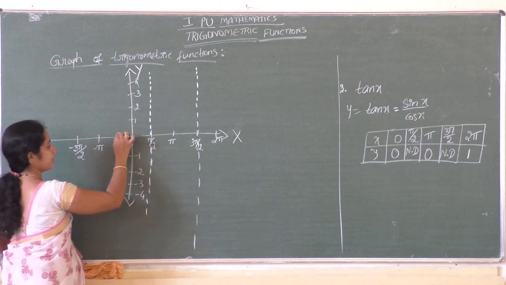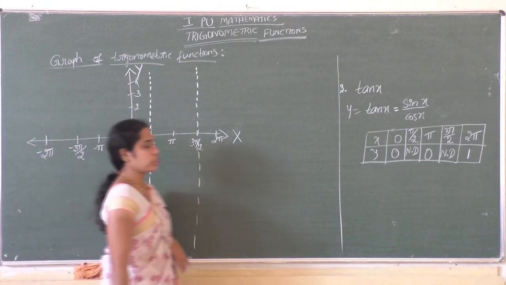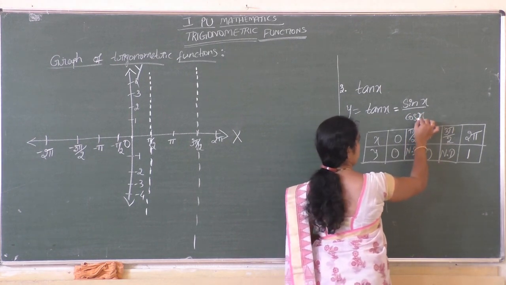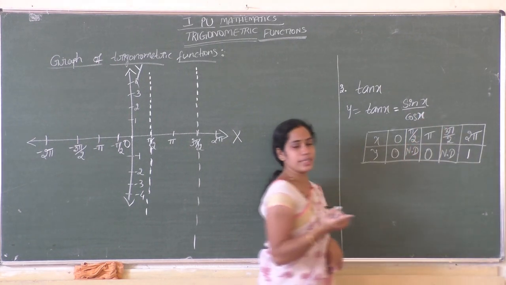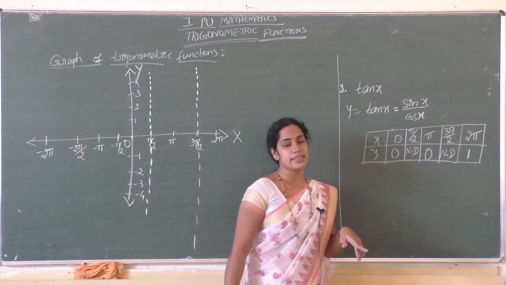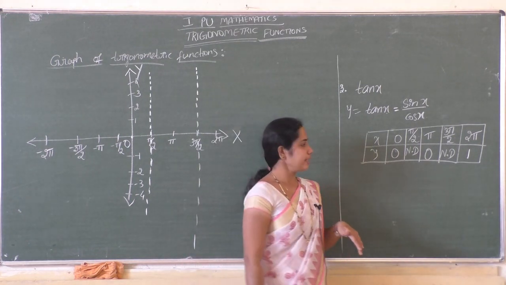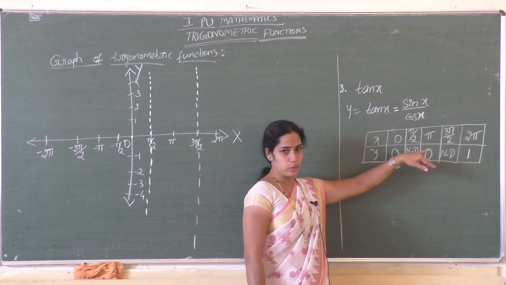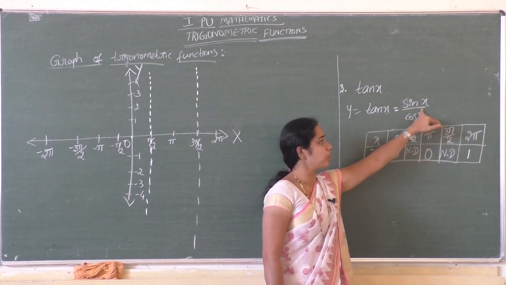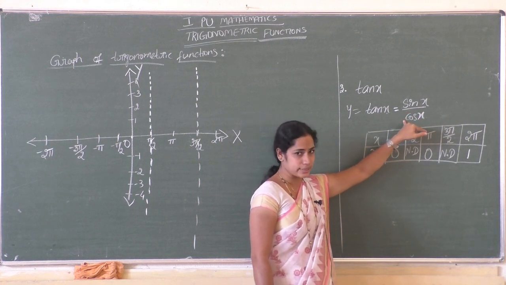Similarly, minus pi by 2 also, because we have cos of minus x is cos x, correct? Sin of minus x is minus sin x. So for minus pi by 2, for any multiple of pi by 2, cos is 0.